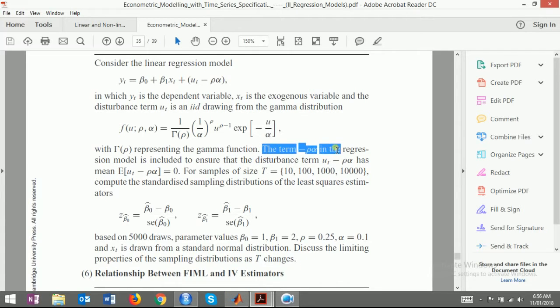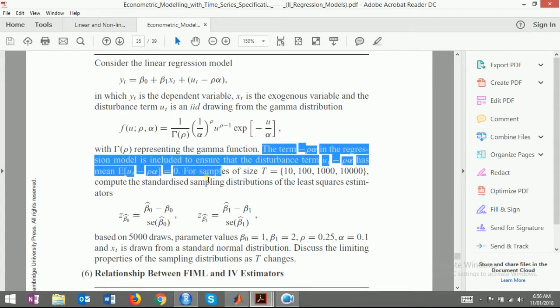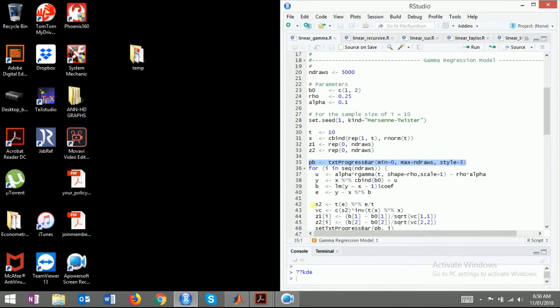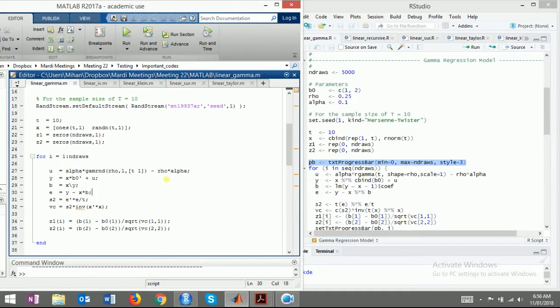Gamma function, the term minus alpha in the regression is included into the disturbance term. u_t has mean zero. All right, okay, this is the trick. So one is with the gamma random distribution with the rho, and another one is with given rho. So this is the difference.